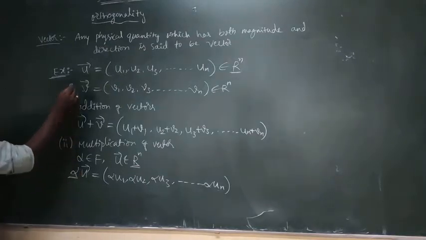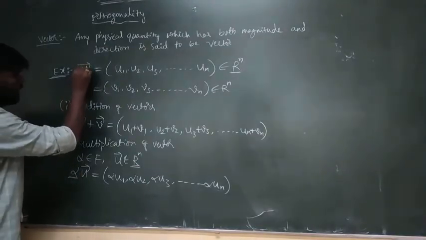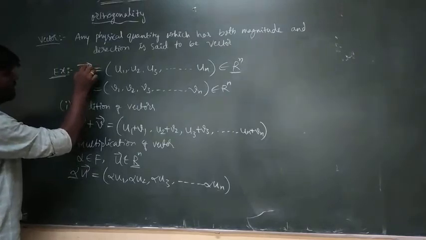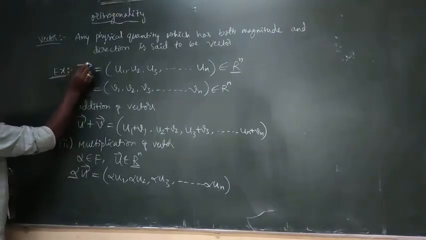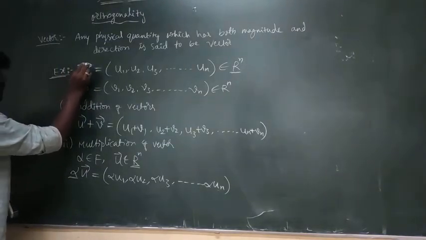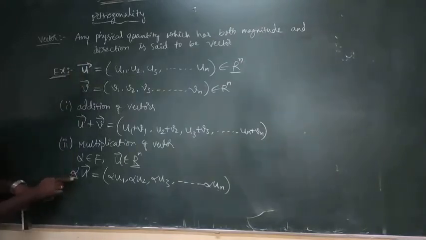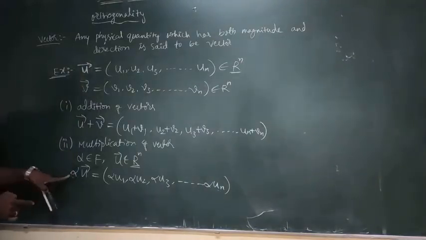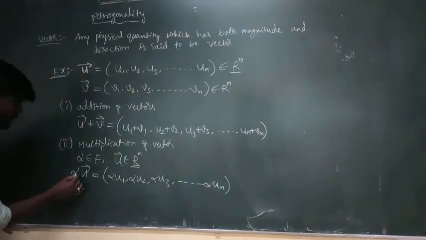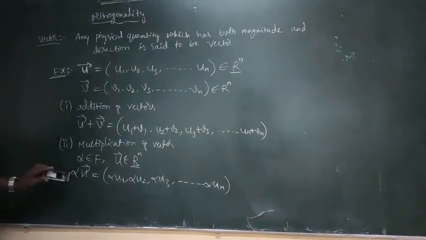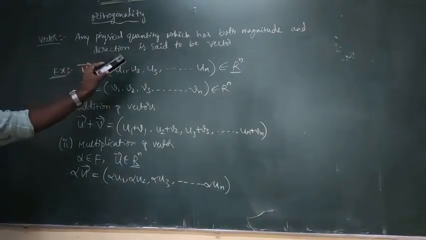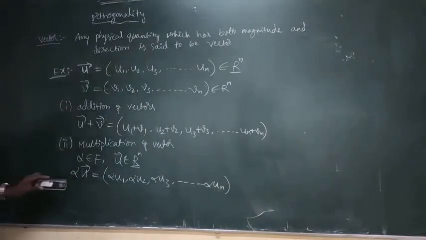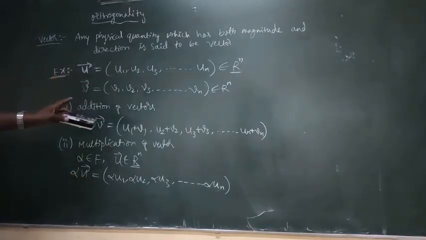The vector has magnitude and direction; this arrow mark denotes the direction. Here there is no direction for alpha, and that's why we call alpha a scalar. Any physical quantity which has only magnitude, not direction, we call a scalar. Understood? Okay.